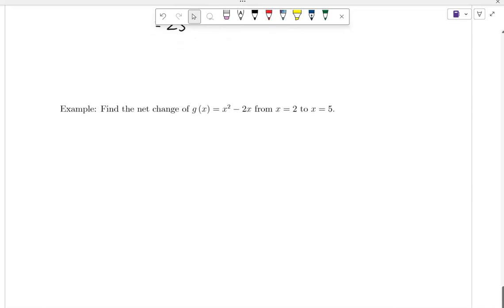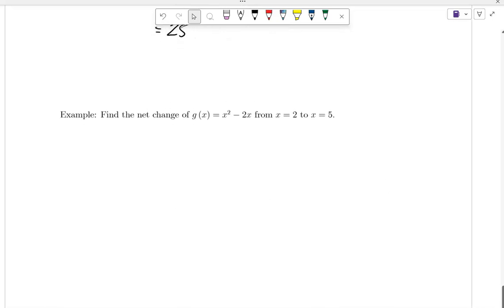So you tell me how to do the next one. Yep. The function name in this case is g, but that's the right way to do it. We're going to do g of 5 minus g of 2.